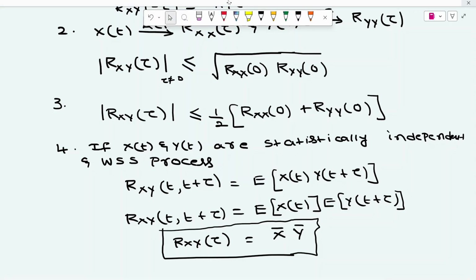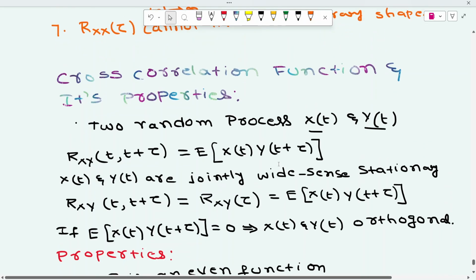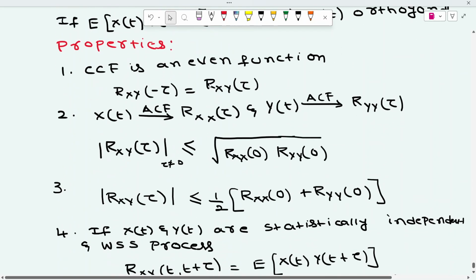So these are the properties of cross correlation function. The cross correlation function gives the similarity between two different random processes at two different time instants. The first property is that it is an even function.